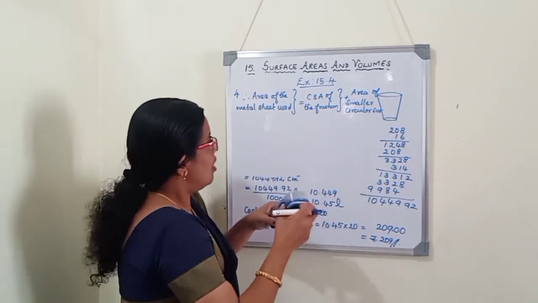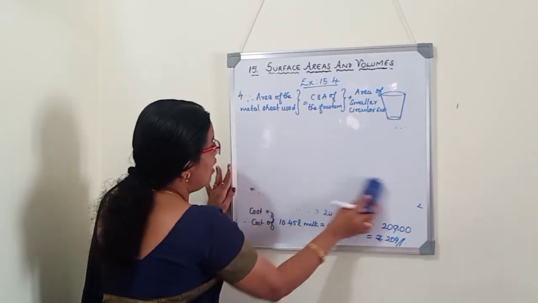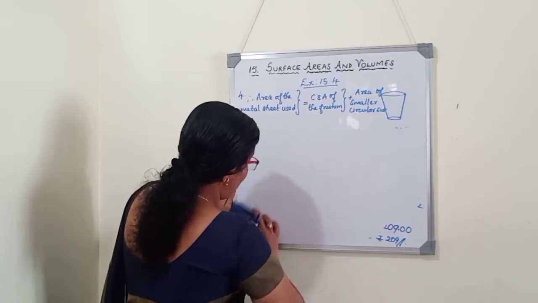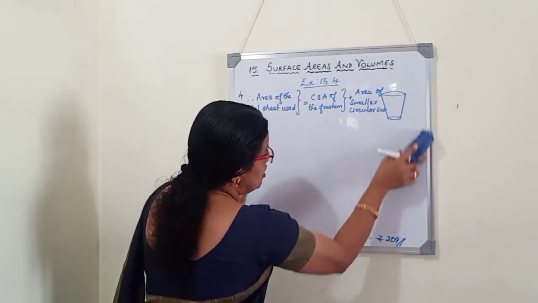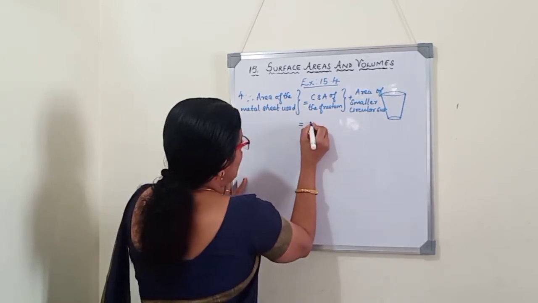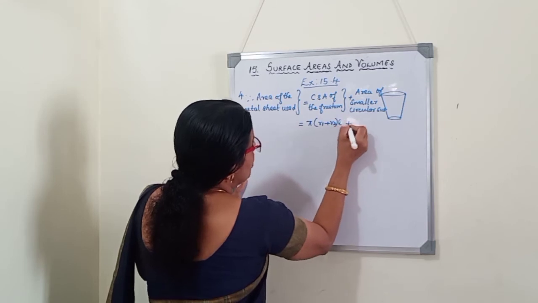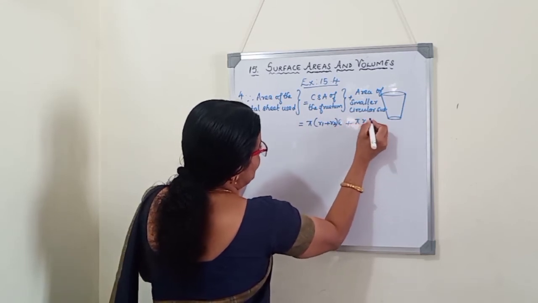CSA of the frustum of a cone is pi into R1 plus R2 into L, and the area of the smaller circular surface is pi R2 square. So the formula is pi into R1 plus R2 into L plus pi R2 square.